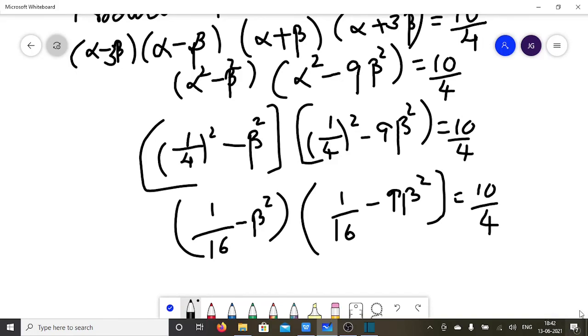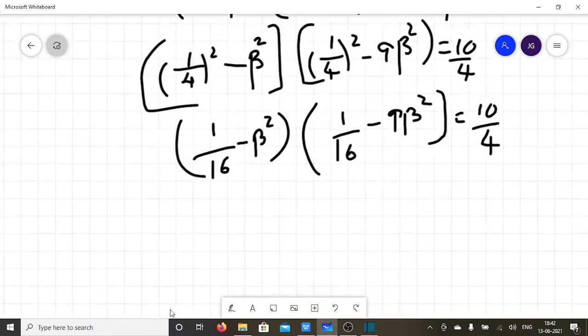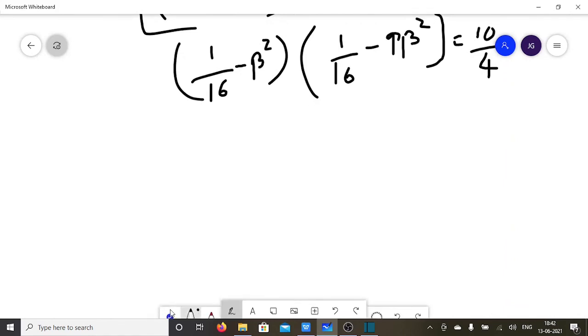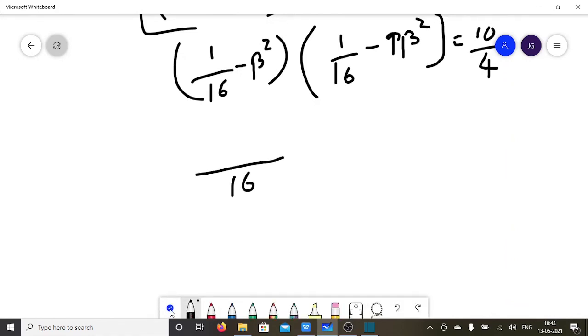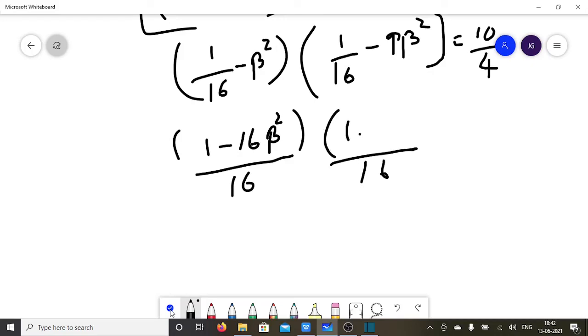We can take the LCM as 16 in each term. So the term becomes 16 into 1 minus 16 beta square, into again 16 into 1 minus 16 into 9, which is 144 beta square, is equal to 10 by 4.